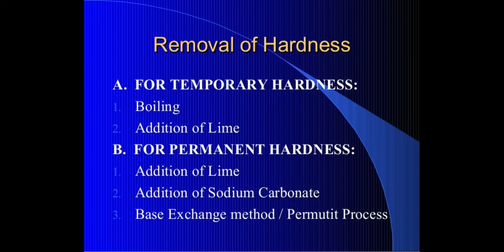How to remove temporary hardness? For temporary hardness, by boiling we can remove hardness, and by addition of lime we can remove hardness. So there are mainly two methods to remove temporary hardness: boiling and addition of lime.